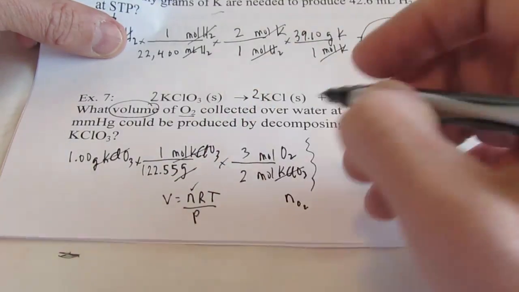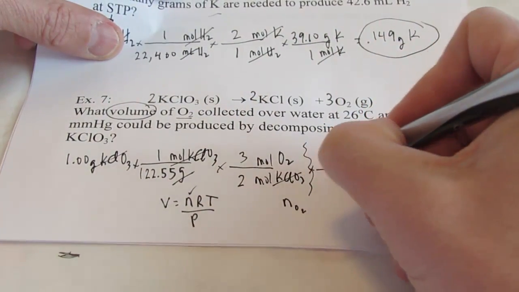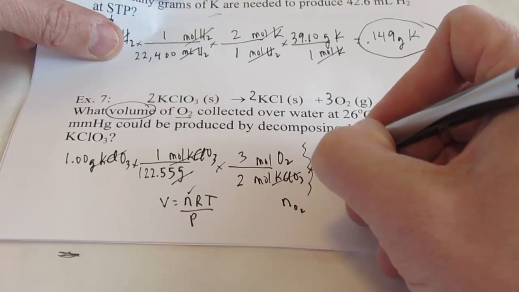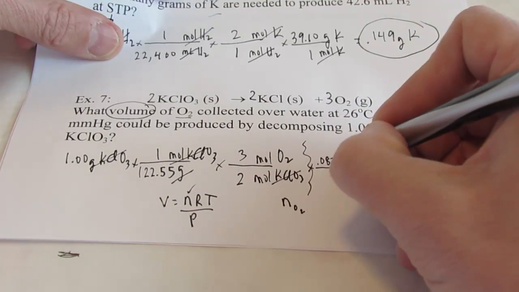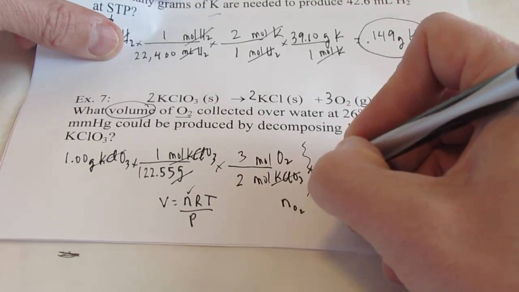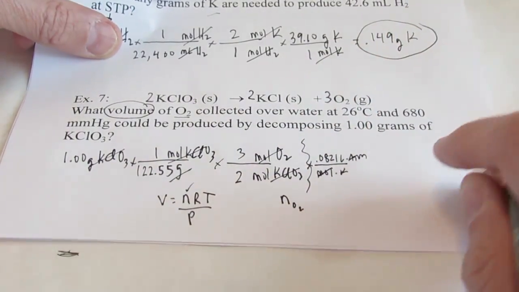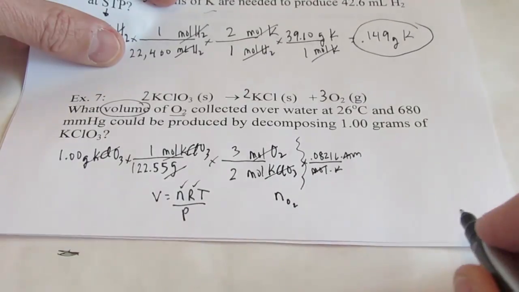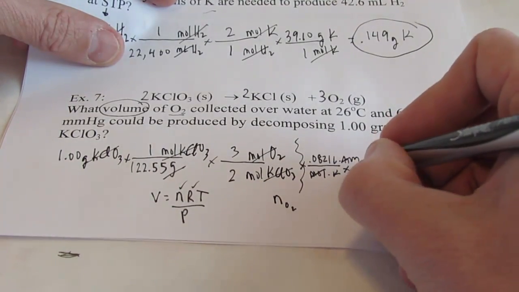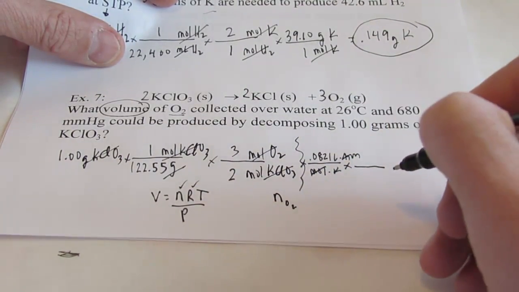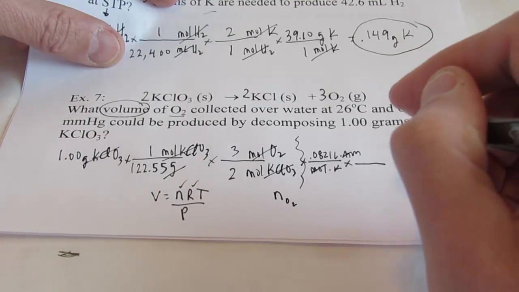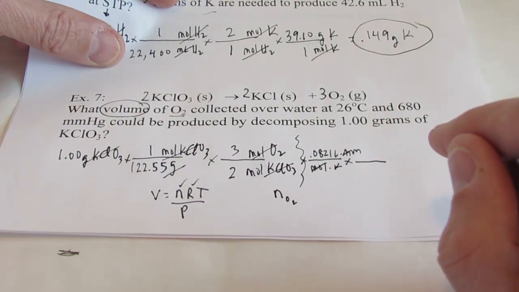So I've got the n part of that. Let's go ahead and multiply this answer now by 0.0821 liter atmospheres per mole Kelvin. That gets rid of moles of gas, so I've taken care of R, times T. Now my temperature is 26 Celsius. Let's not use 26 Celsius. Some of you guys made that mistake on a recent exam.